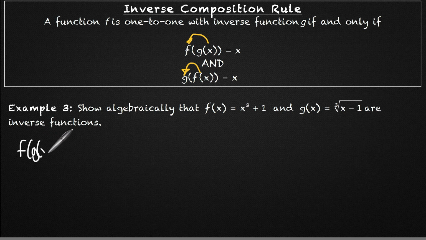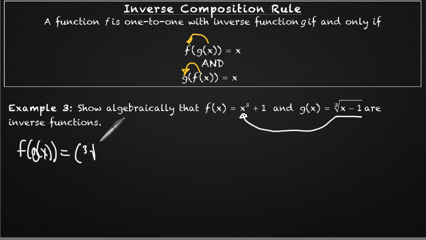F of g of x means take this function and plug it in here in place of the x. So I'm going to put a parenthesis. I'm not going to write the x. Instead, I'm going to write the cube root of x minus 1, close my parenthesis, cube it, and then add 1.